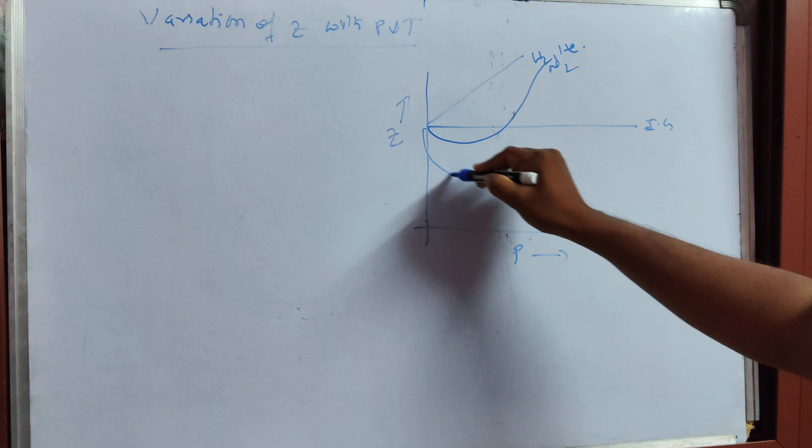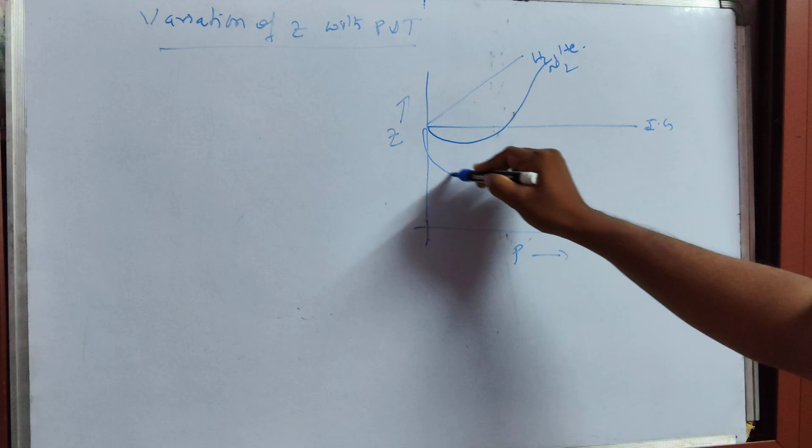But in case of the remaining gases, for nitrogen, carbon dioxide and also oxygen, at low pressure it will show negative deviation, and at high pressure it will show positive deviation.